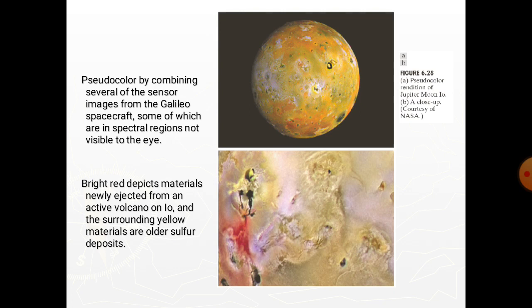For example, the pseudo color image in this figure shows in bright red the material newly injected from an active volcano, and the surrounding yellow materials are older sulfur deposits. So this image conveys these characteristics much more readily than would be possible by analyzing the component images individually.